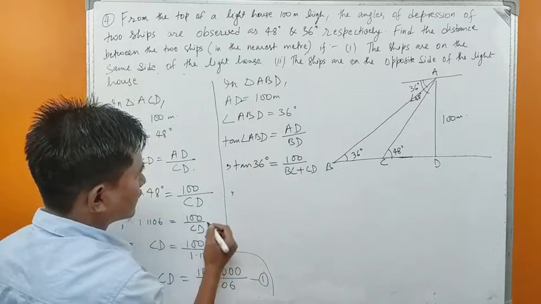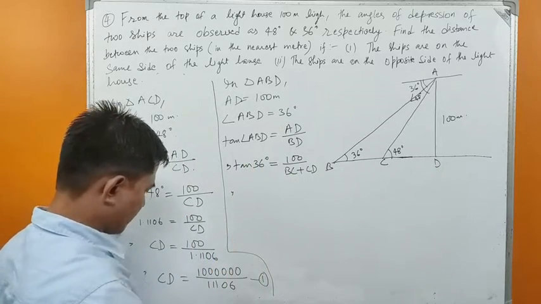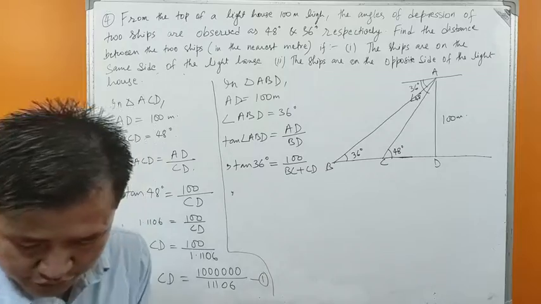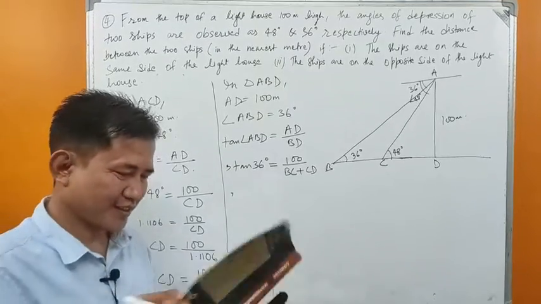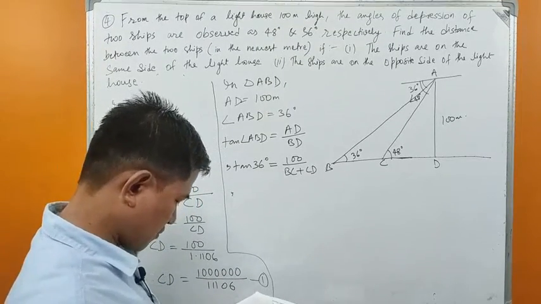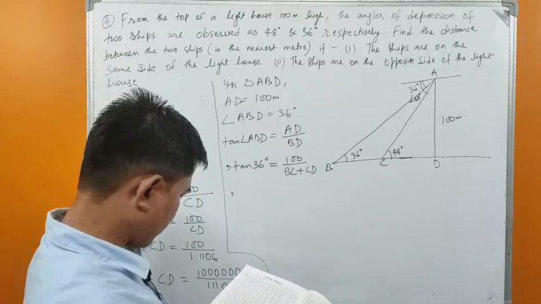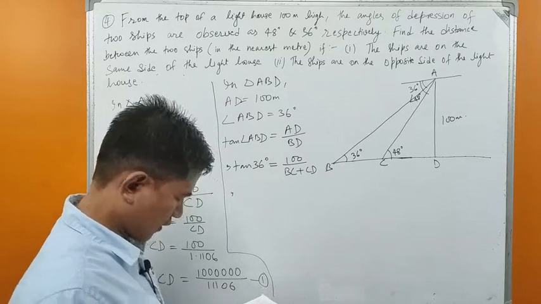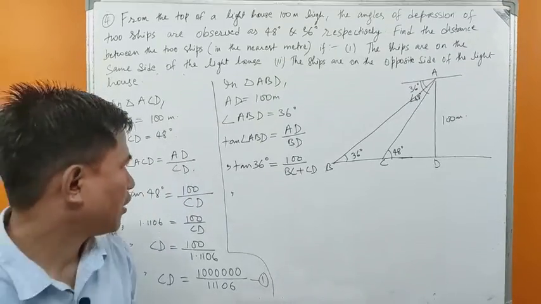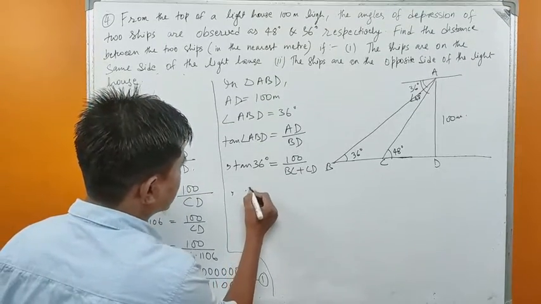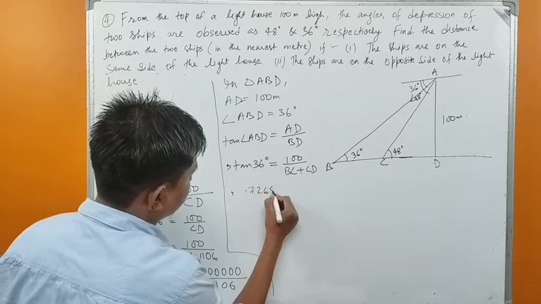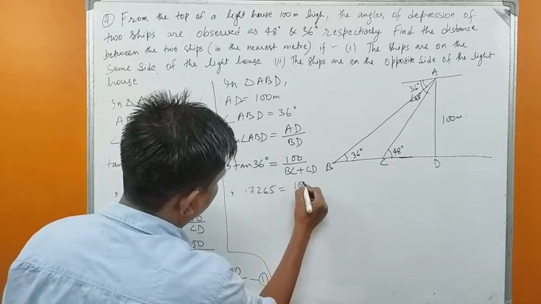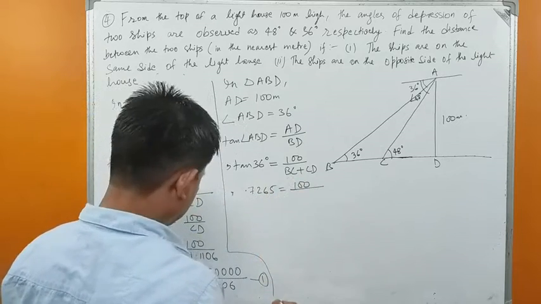Tan 36 means we need to check the trigonometric table, isn't it? Tan 36, page number 454, you can find the value of tan 36. Tan 36 is 0.7265, which equals 100 upon BC plus CD.